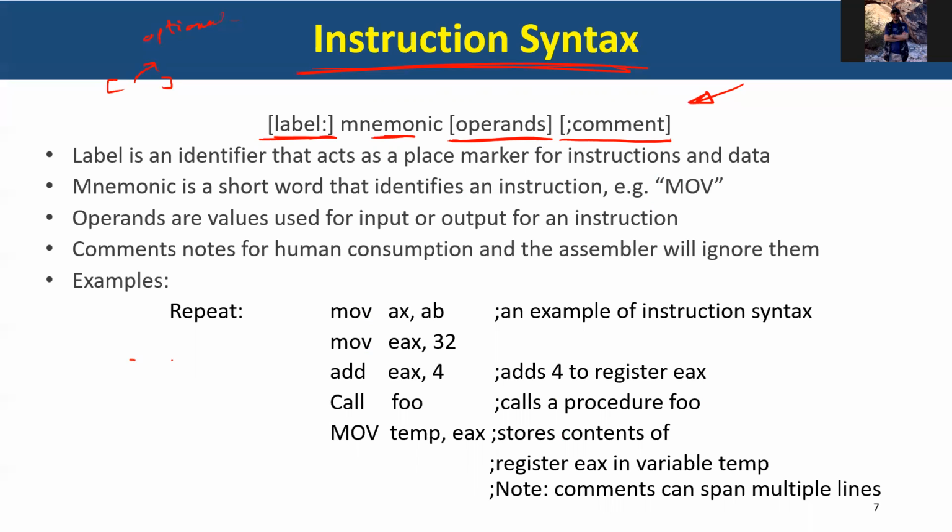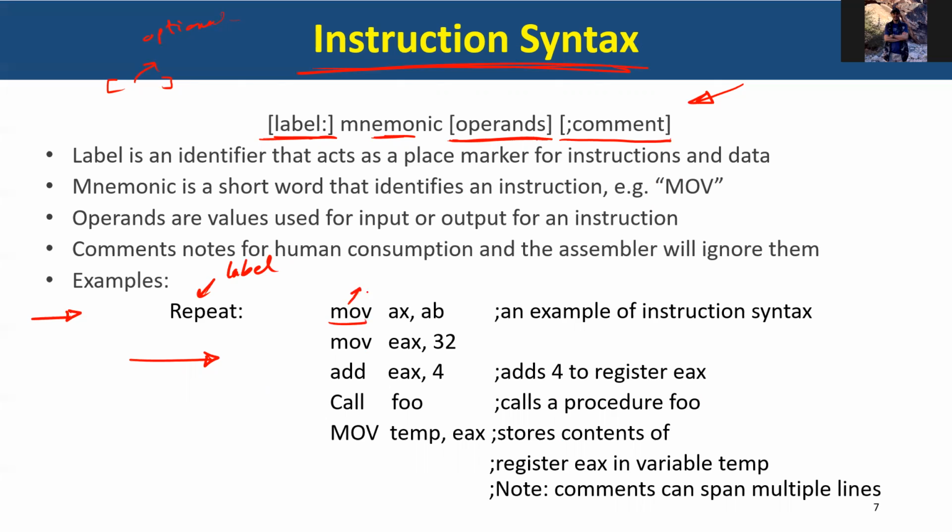Here are some examples. The first example is very good because it's an ideal instruction syntax. You have here a label called repeat. A label is just like a name. So you are naming this line as repeat. You might put any name here. I chose repeat because most of the time we're going to use labels to mark some line, and this line will be repeated in the execution, as we will see in making loops and stuff.